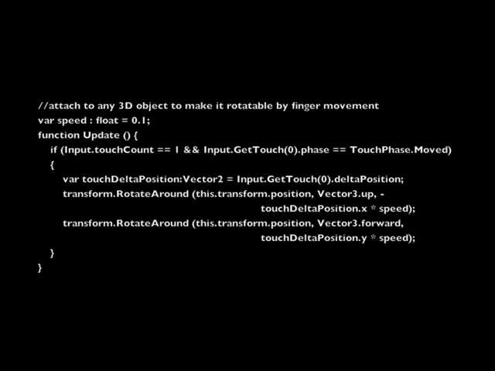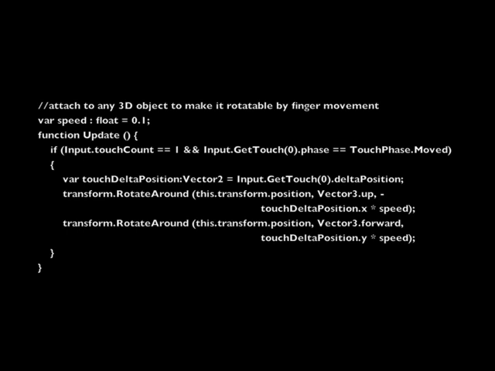Once again, all of this code occurs within the update function, and it tests if there's been a finger movement. It then uses the delta position of the movement to apply to the object's rotation. And in this case, it's rotating around the up axis and the forward axis of the object.